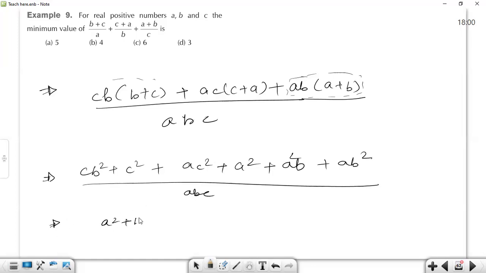Let's write it in a better manner. a square b plus a b square plus a b square plus c b square. This is done, this is done, this is done.